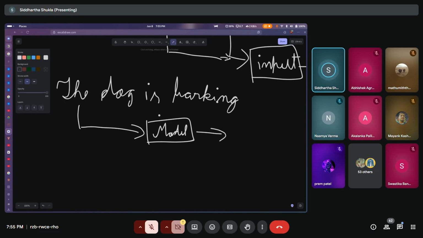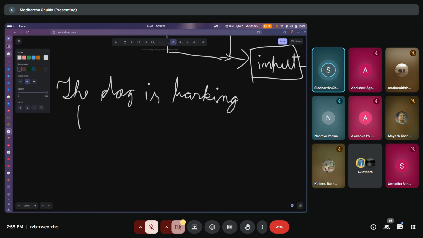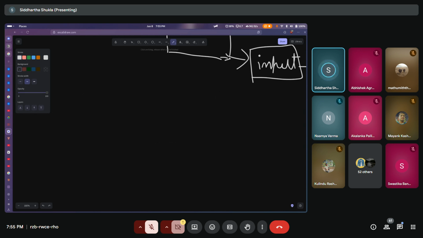Take a more comprehensive example: you ask the model to complete a story that starts like this: once upon a time. You give your model this, and you ask it to complete the story for you.